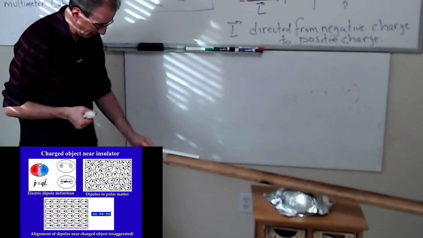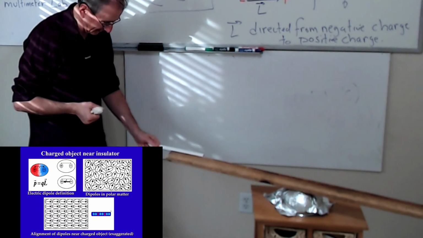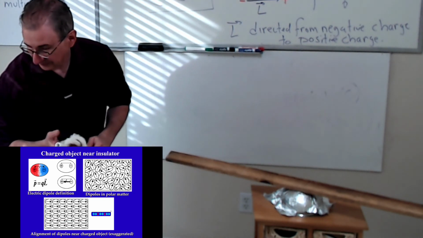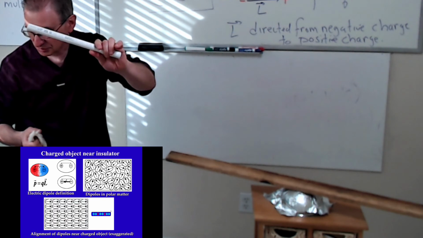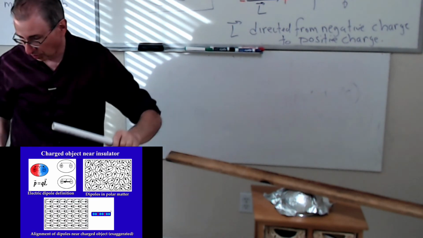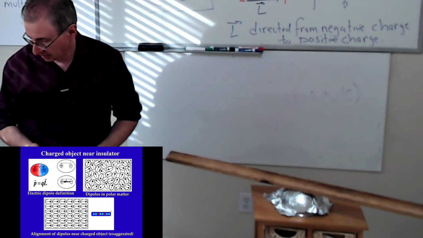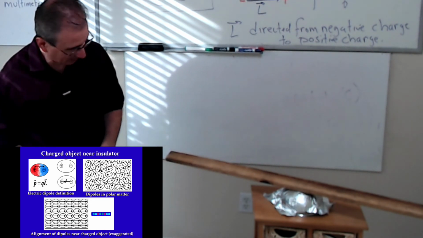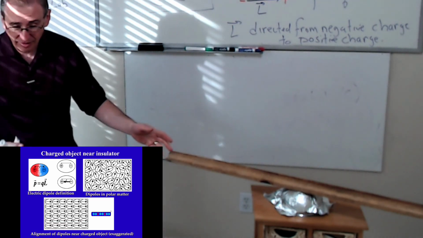Do you see the board moving? Did you see the board change direction? All I did was bring this rod by the board, nothing magic. And the board rotated. So what does that mean?